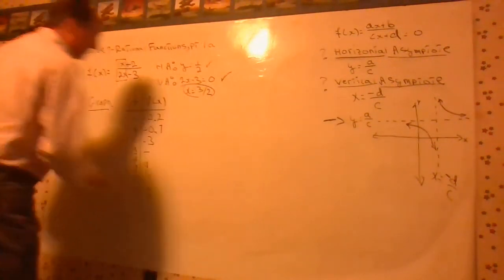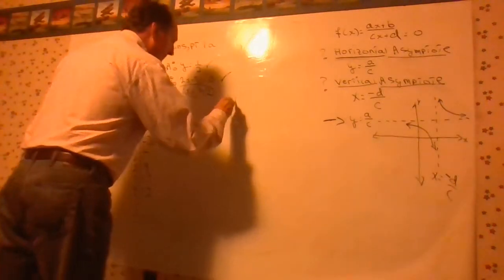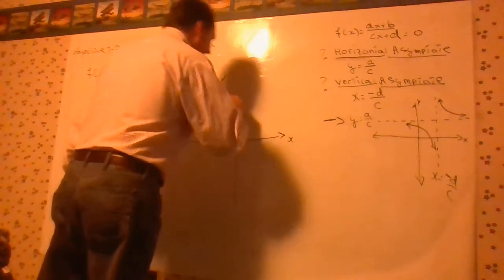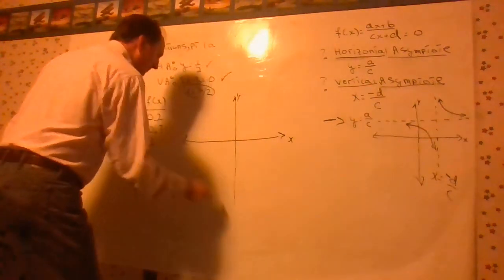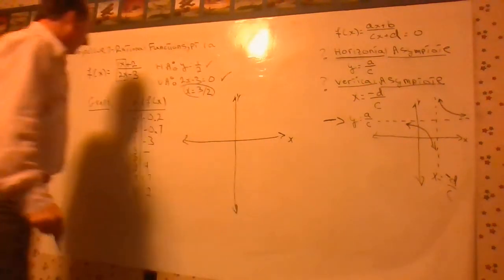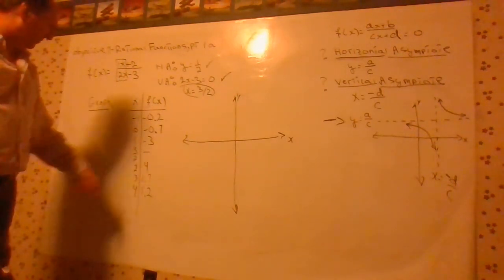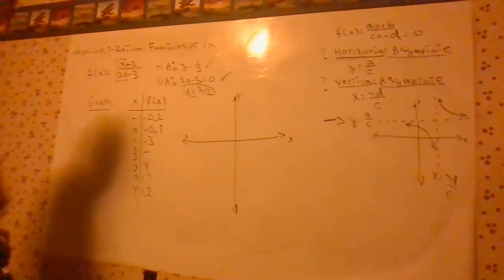Now the question is drawing the graph. I'm going to make a coordinate system. And we need y to go from -3 to 4, x to go from -1 to 4.